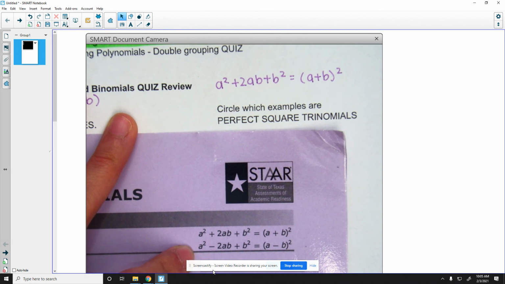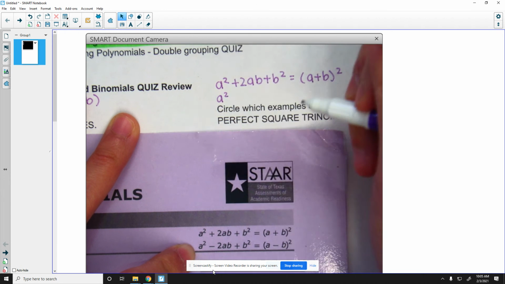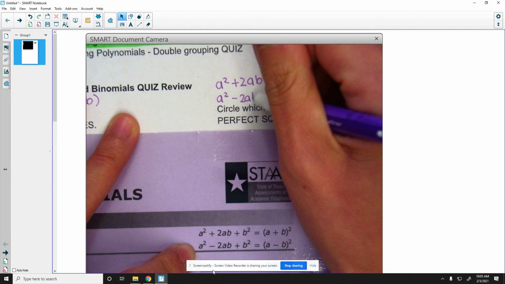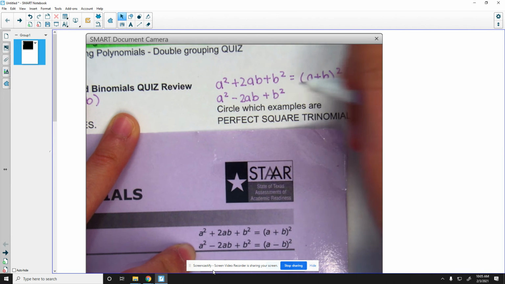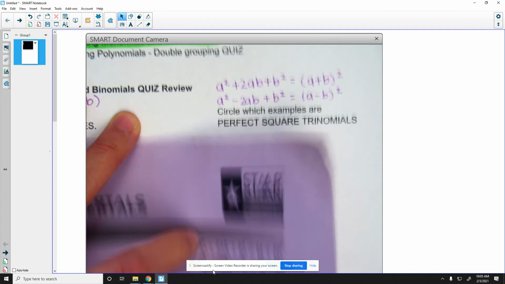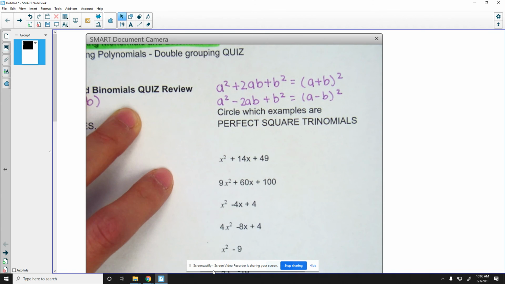So that's the first one. And then the second one is a squared minus 2ab plus b squared, and that equals a minus b squared. So those are the perfect square trinomial rules.